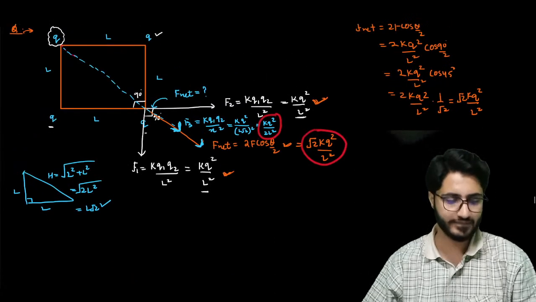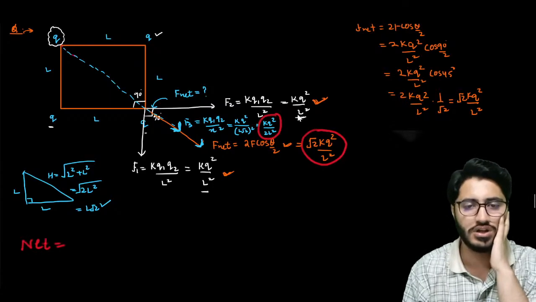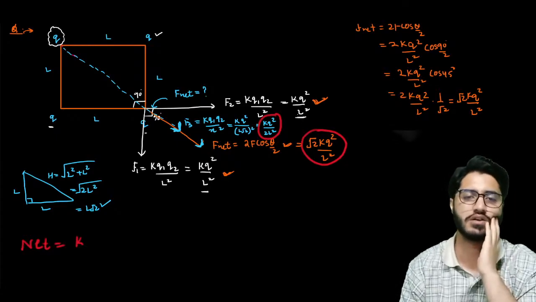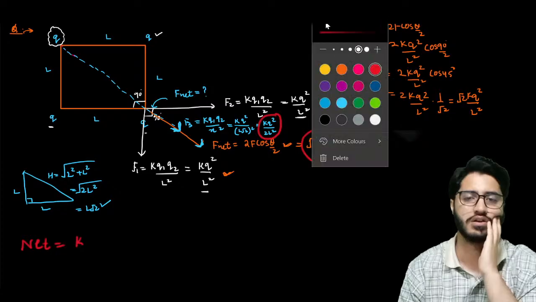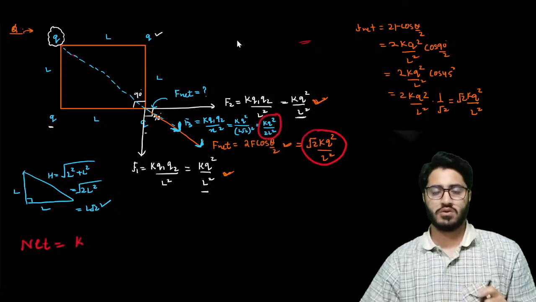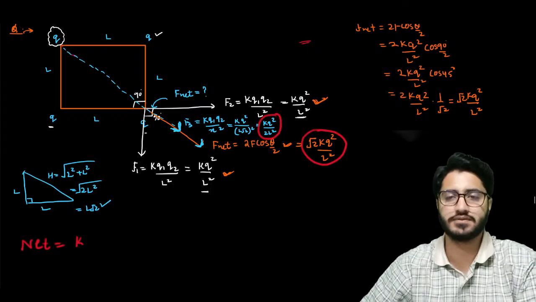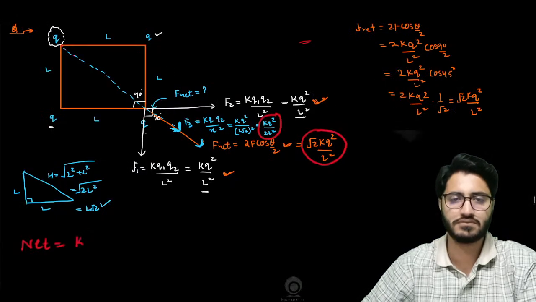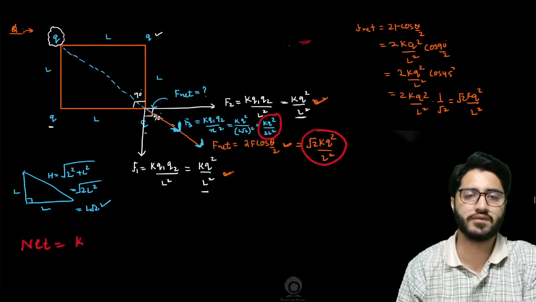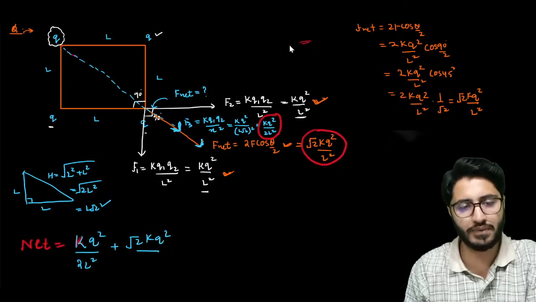Look, how can we get it? The net value at the end will be equal to K Q square by 2L square plus root 2 K Q square by L square.